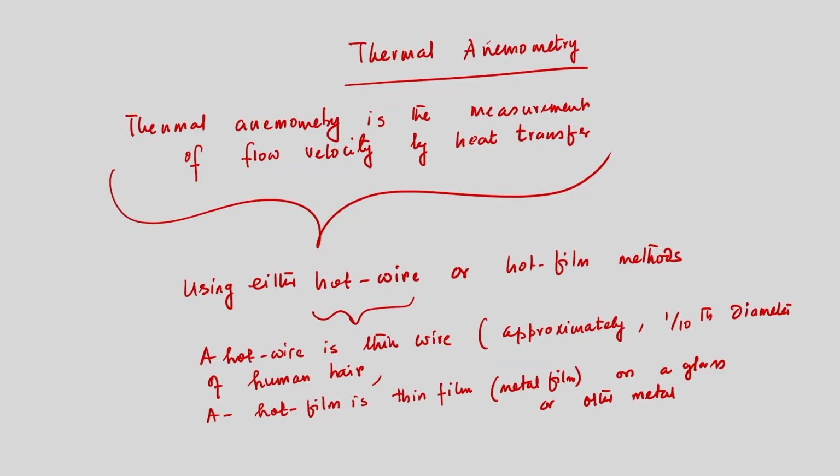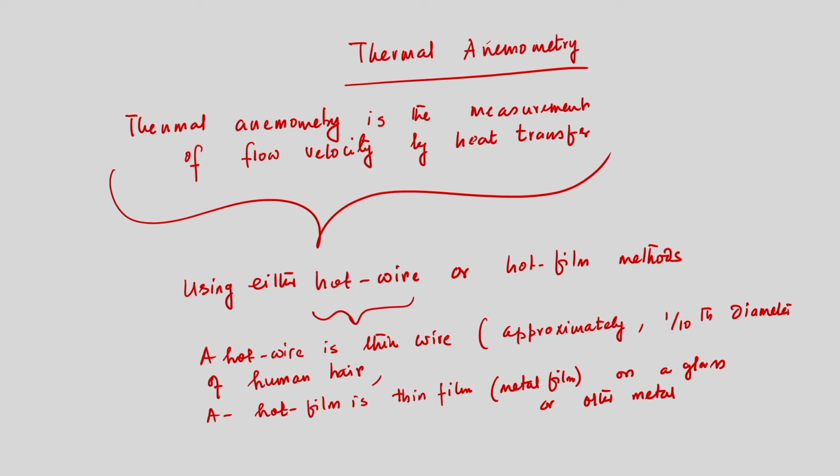Then we need to measure the heat transfer, because the thermal mass of the hot wire is very small, so the heat transfer adjusts itself instantaneously with a change in flow velocity. So what we have discussed is that this anemometry is one of the reliable instruments used to measure flow velocity.